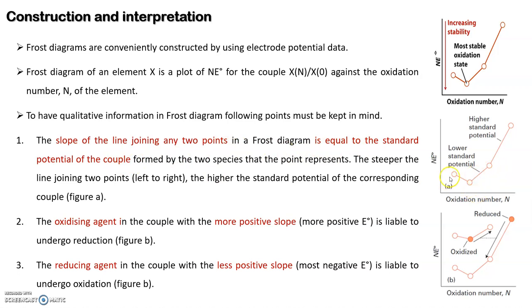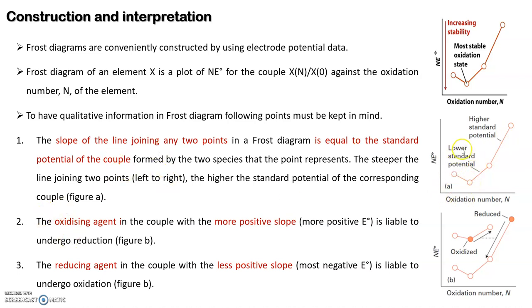Suppose I consider this couple, this is the line joining the 2 points, and the slope of this line will be the potential of this couple. And the steeper the line, the higher is the standard potential. You see, this line is steeper than this line, so the potential for this couple will be higher than this.